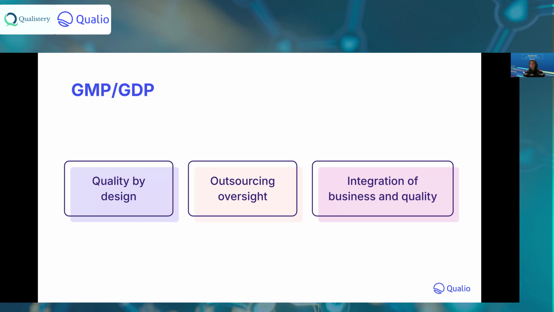GDP plays a particularly important role in today's supply chains, because we need to make sure that medicines maintain their quality all the way to the patient. I know during the pandemic, if anybody remembers, there was a news report about Johnson & Johnson, and it had to do with one of their supply chains. There was a mix-up in the vaccine material at one of their suppliers. Well, potential suppliers.